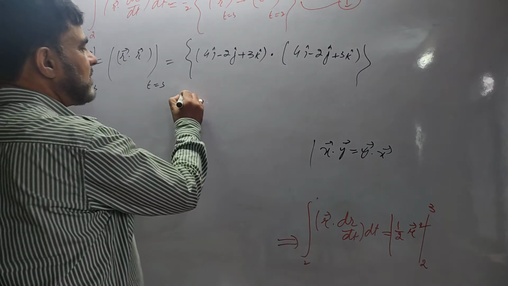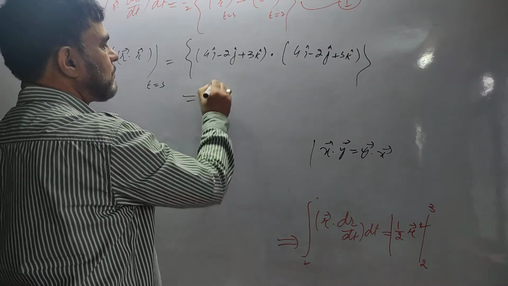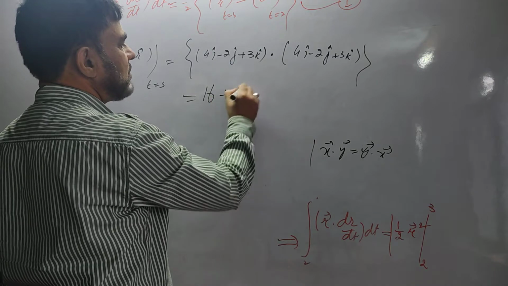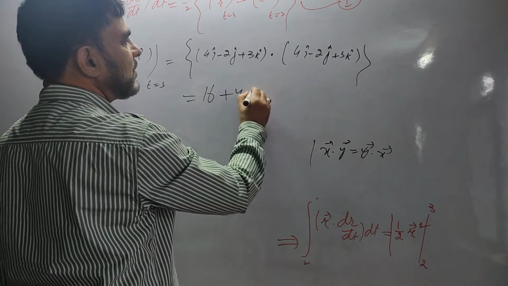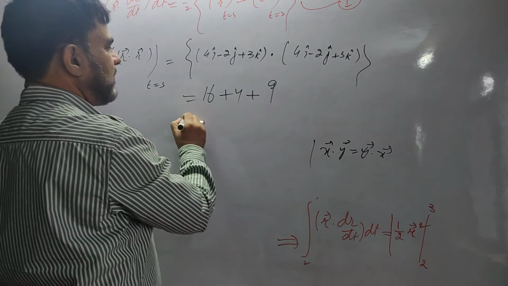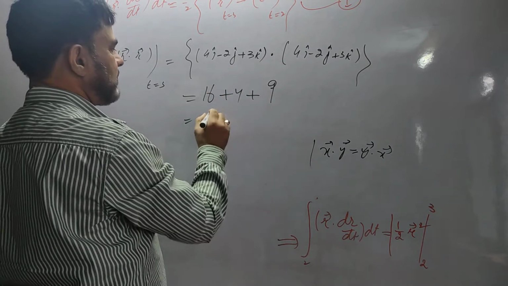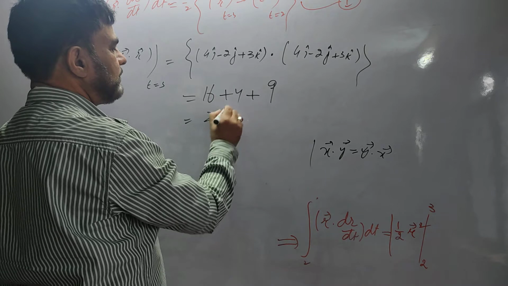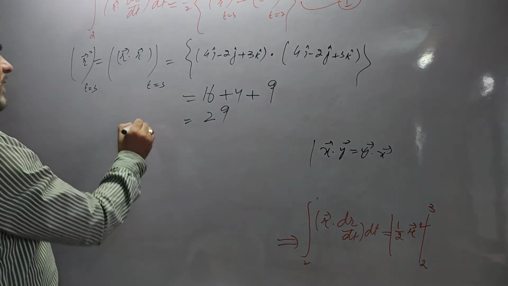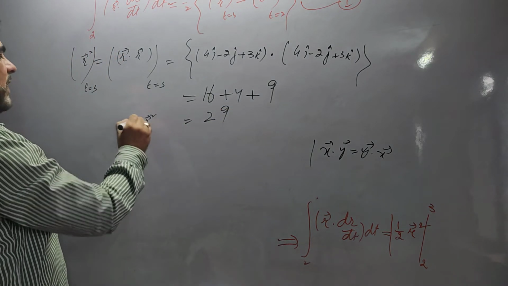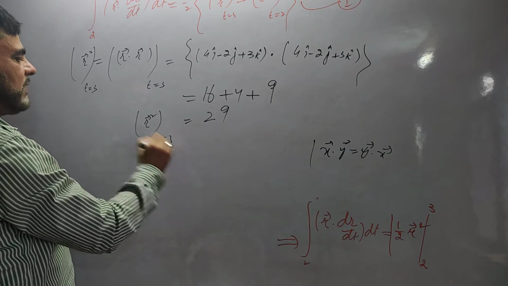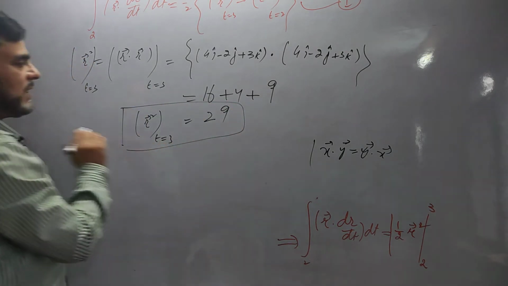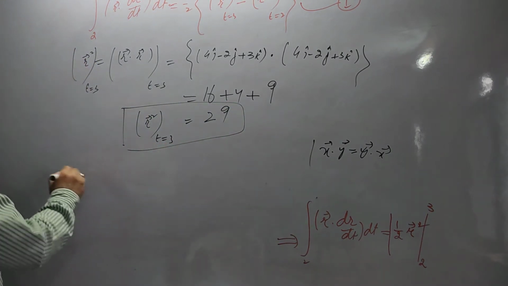Let me find this dot product. It is 16 plus 4 plus 9, which is 29. So you have found r square at t equal to 3 is 29.